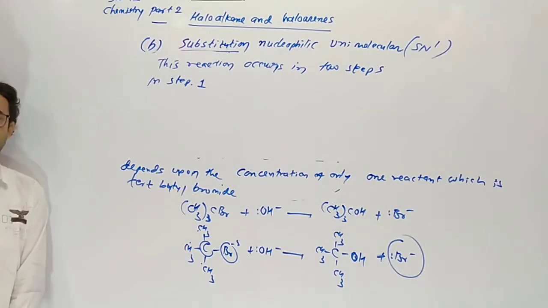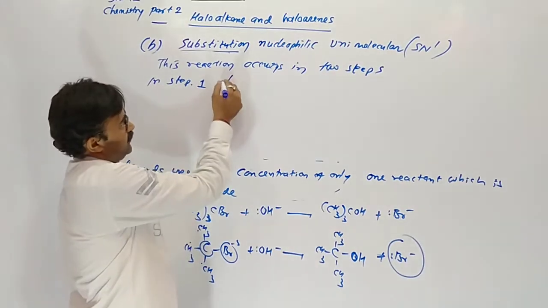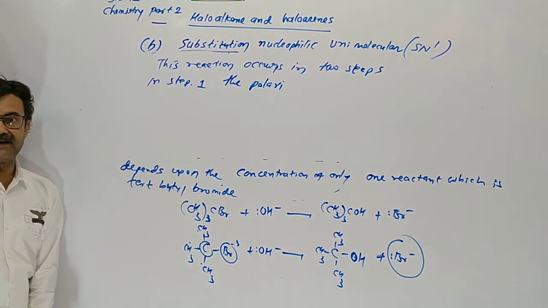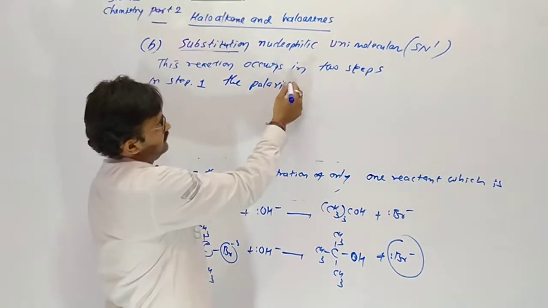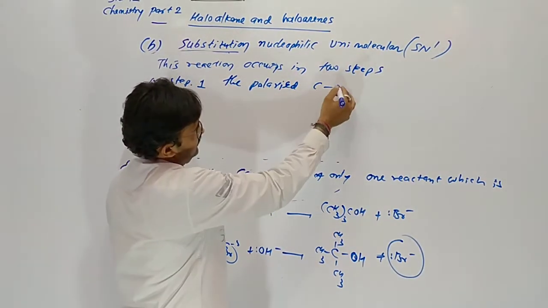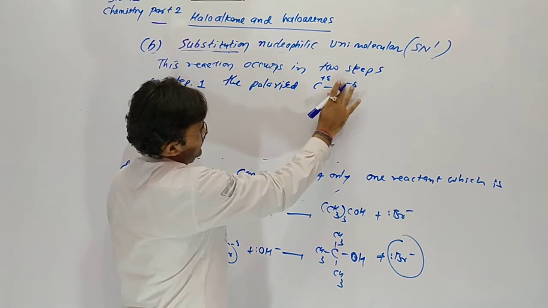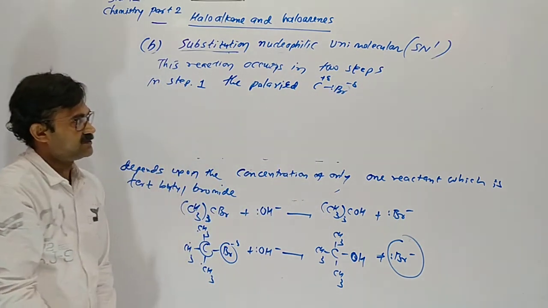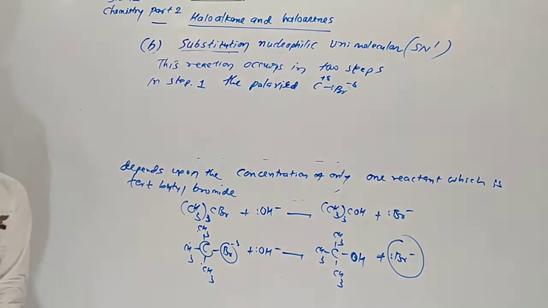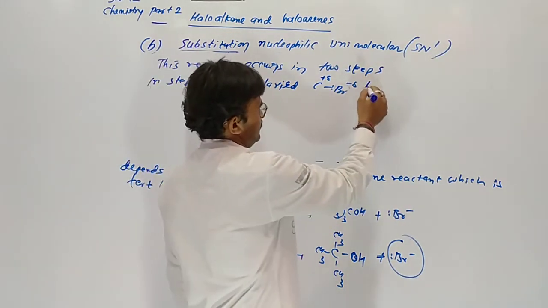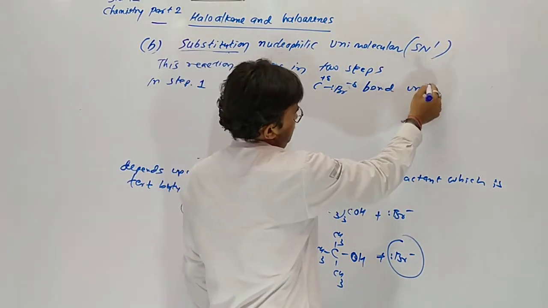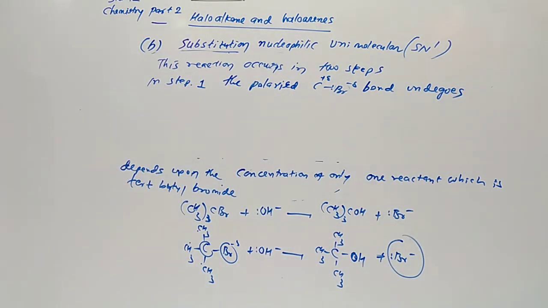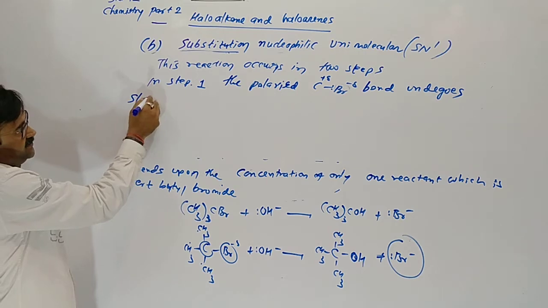Polarized means carbon is partially positive, bromine is negative. So the polarized carbon bromine bond undergoes slow cleavage.